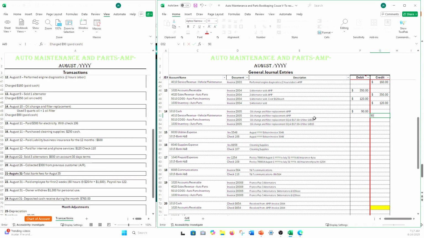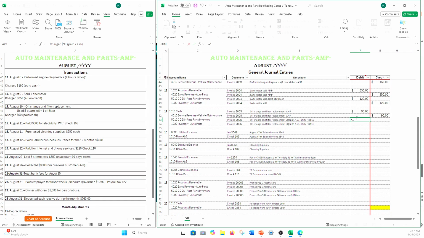Okay. So also we have to recognize that we use our inventory. We use 5 quarts of oil, which is $17.50, and we use one filter, which is $15 cost. So it's $17.50 plus 15, which is $32.50. I'm sorry, it was just a mistake here.